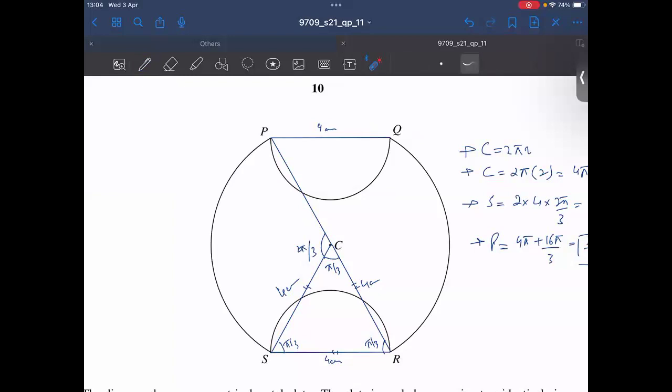Yes, Iman. How would you calculate the area? Sir, first we take out the area of the sector and then the area of the semicircles. Okay, but I have this part which is going to be added twice.